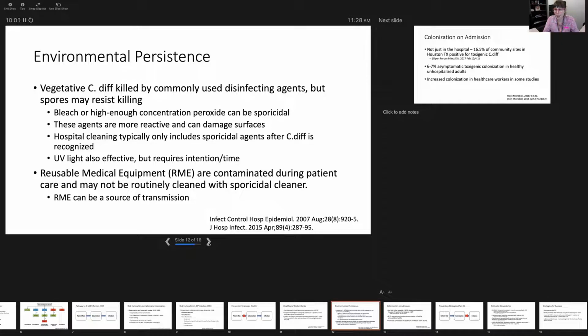UV light is another application that kills spores that we've been using quite a bit in my hospital, but it has some pitfalls. It has to have the appropriate amount of contact time, and the equipment can be delicate, hard to transport, and expensive. Think of all reusable medical equipment as potentially contaminated during patient care.